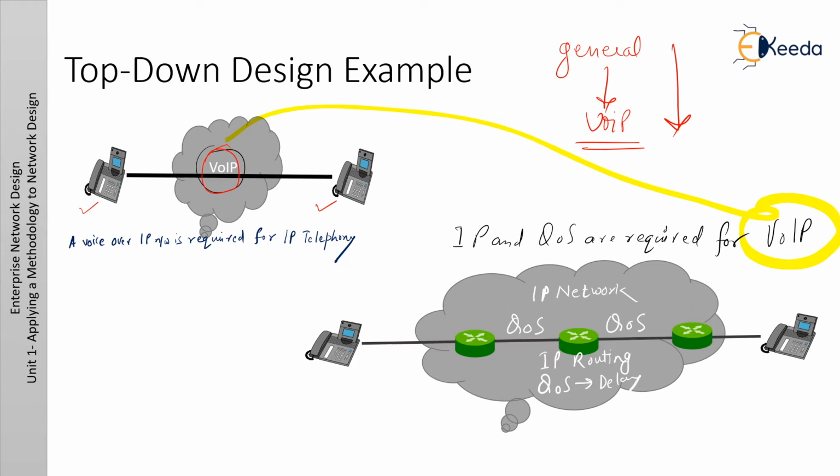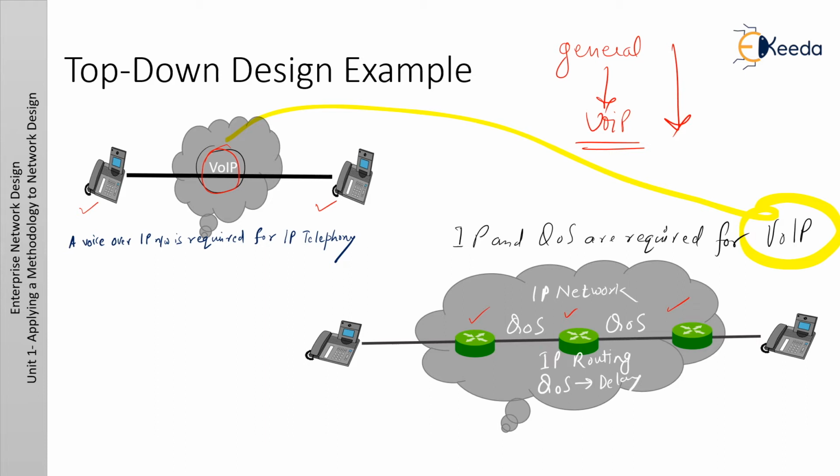So in this second figure you can see the addition of an IP based network, which is required to support voice over internet protocol. The network includes IP enabled routers, quality of service, IP routing, and other devices not shown in this figure.